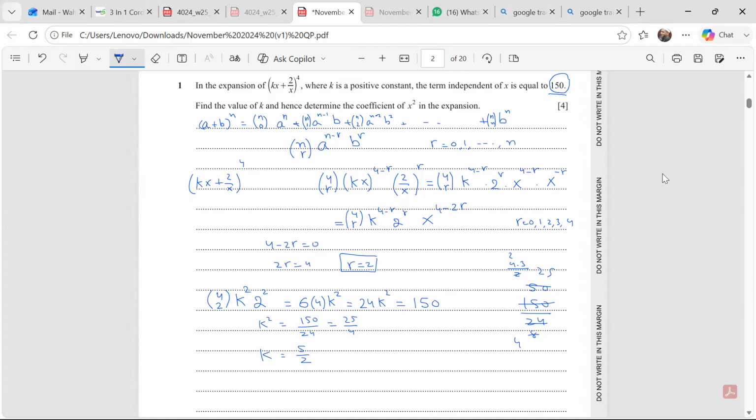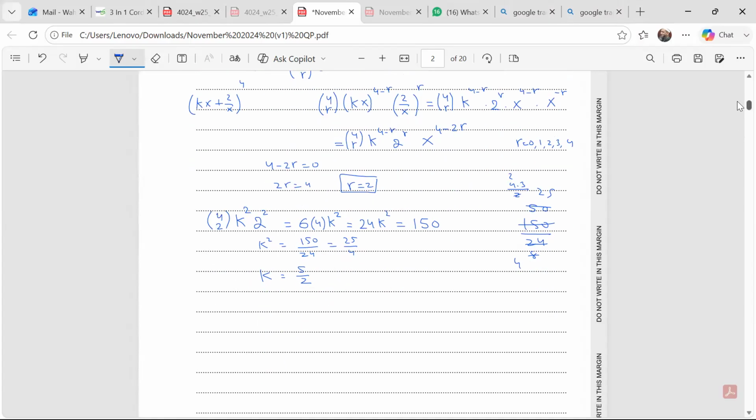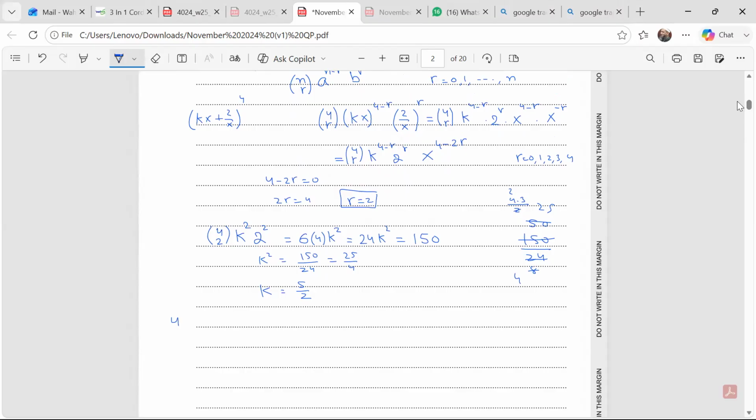Remember the general term of this expansion, we found it as 4 combination r, k to the power 4 minus r, and 2 to the power r, and finally x power 4 minus 2r, right?